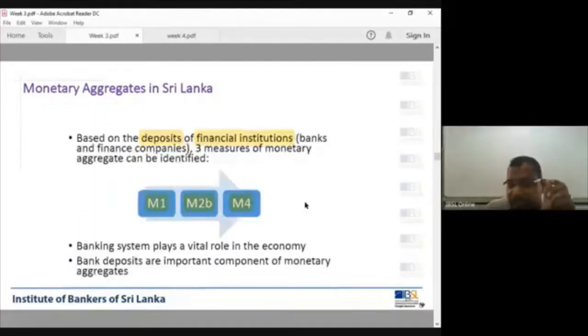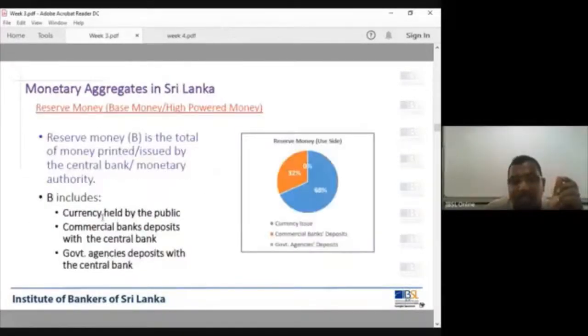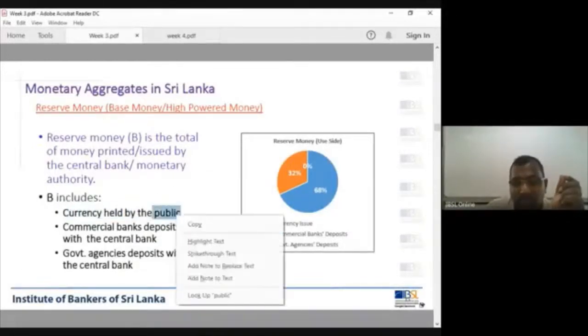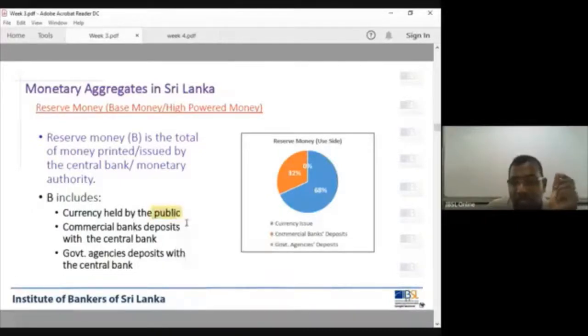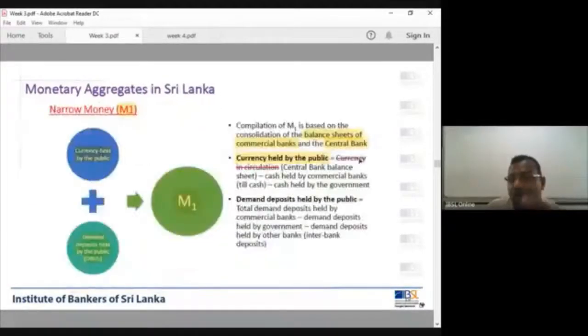Currency in circulation. Here, I told you just to change it. This public should be currency in circulation. So here we have currency issue, the same thing. Now here, it's not currency in circulation that we have in narrow money. It's currency held by the public.